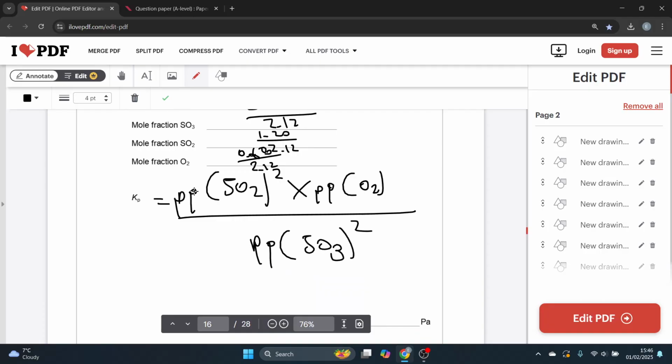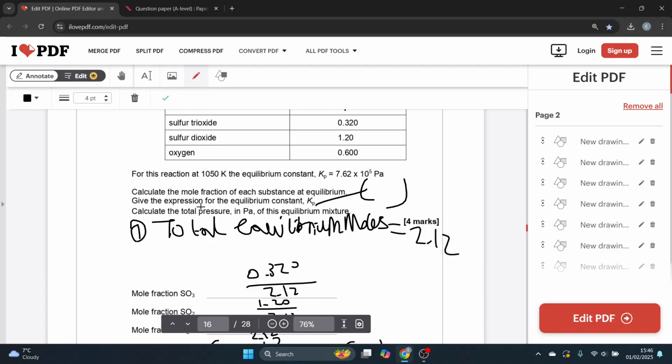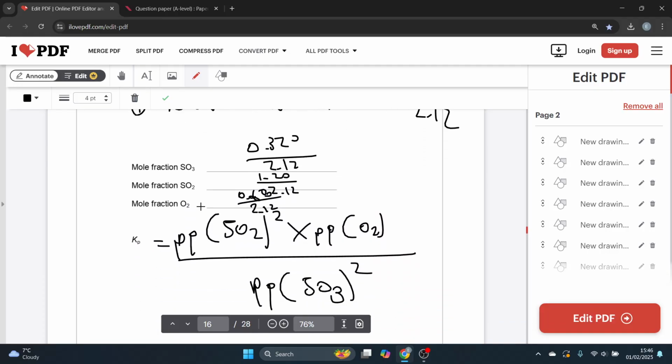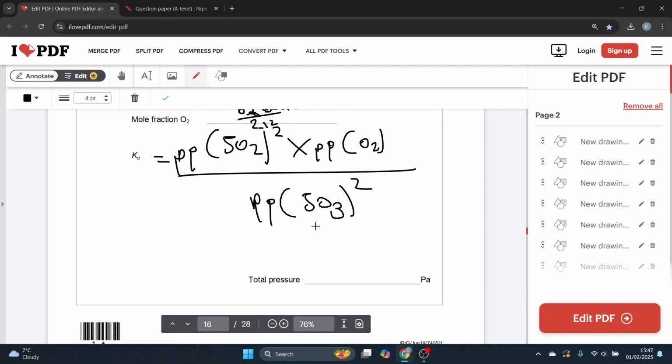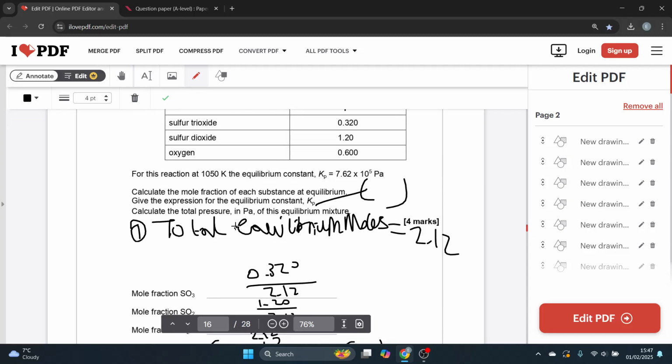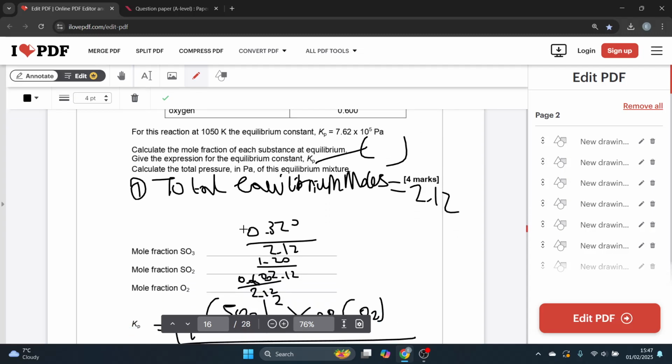In this case, it should just be P. Then it says calculate total pressure. So what I'm going to have to use instead is the mole fraction. So I'm going to rearrange it to calculate total pressure. How do I do that?